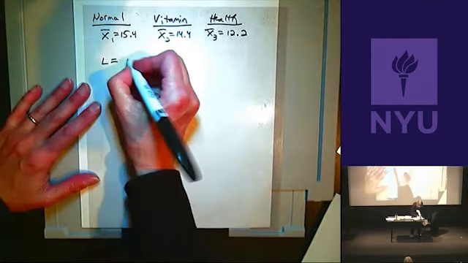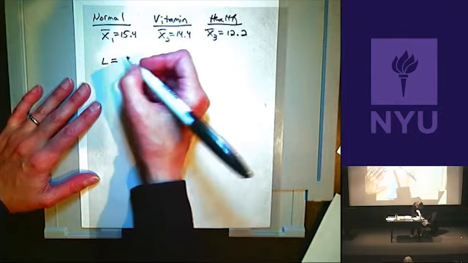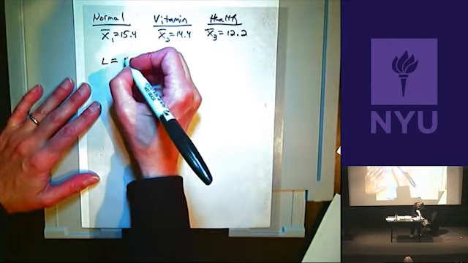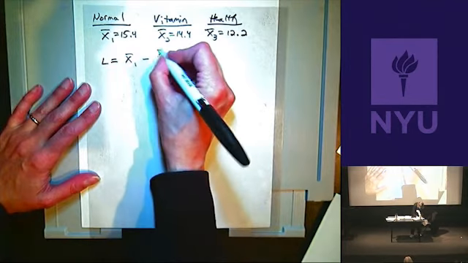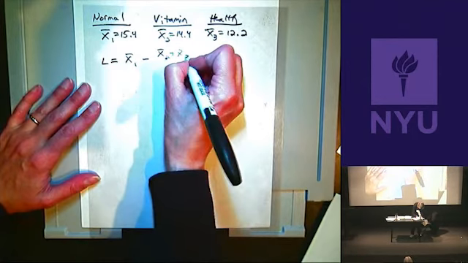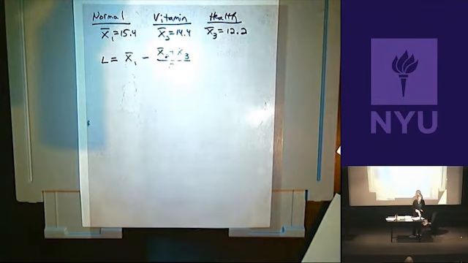What I'm talking about then is, right? That's the contrast I'm talking about. The mean of group 1 minus the mean of those other two groups.